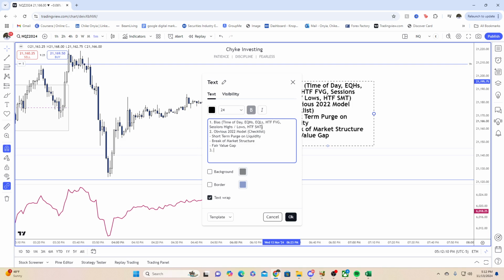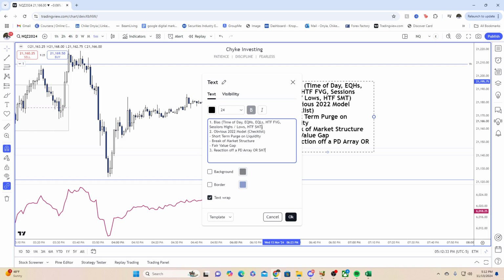And then you want to also see a PD array reaction. So a reaction off a PD array, or SMT. And the reason I say that is, yes, you want to have a bias in terms of where price is going to draw to with the draw on liquidity. Yes, you want to see an obvious 22 model.